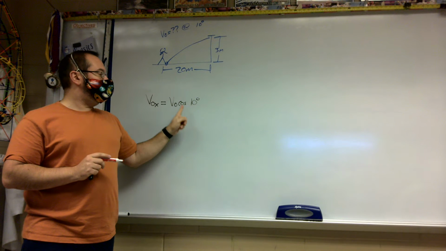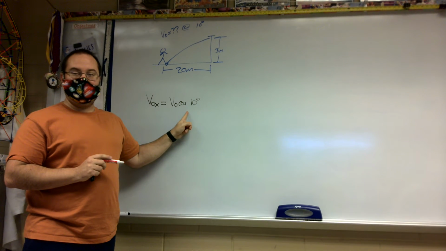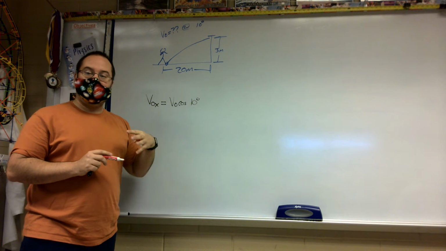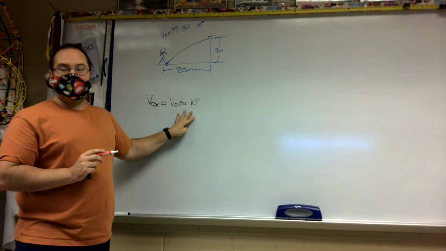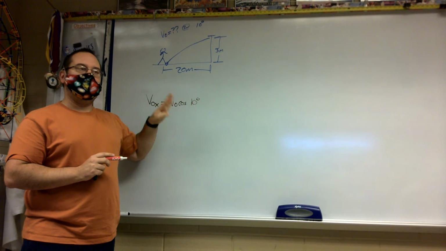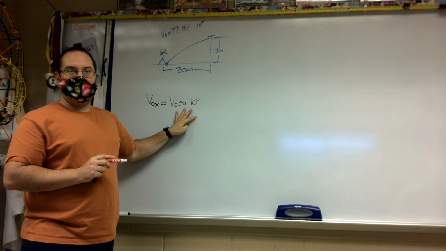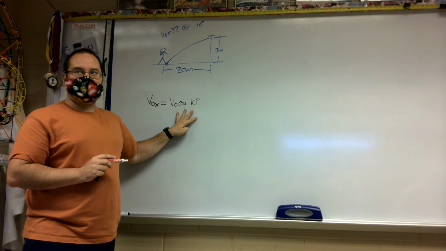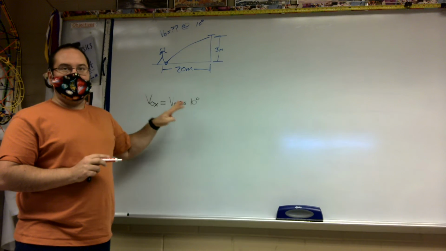But you may have a slightly different answer than I get because of rounding. I'm not going to get particular on where you round, but if you leave it as cosine 10 further down the problem, it's going to be easier and you're going to have less error because you're going to combine some terms.